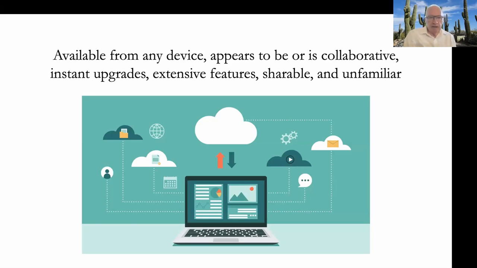So the annual upgrade cost or the annual subscription cost is not there. There are extensive features. Like I've already acknowledged, desktop programs, in a sense, can have more features than the online programs, and generally do. So that may be an attraction to your decision.